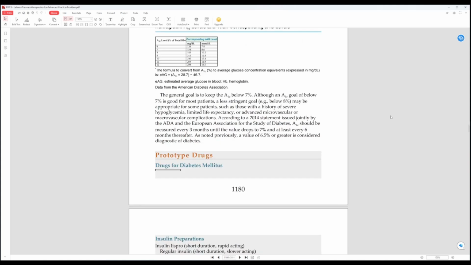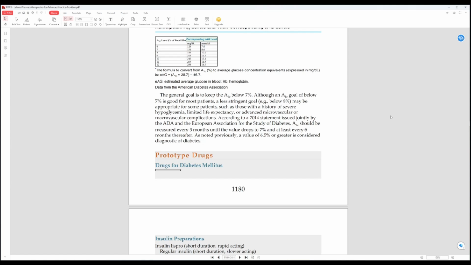The general goal is to keep the A1C below 7%. Although an A1C goal of below 7% is good for most patients, a less stringent goal of below 8% may be more appropriate for some patients, such as those with a history of severe hypoglycemia, a limited life expectancy, or advanced microvascular or macrovascular complications.